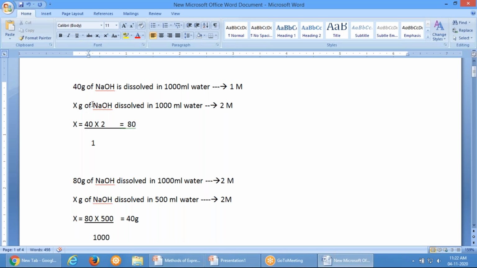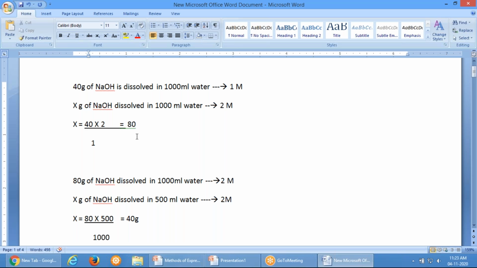The equivalent weight of sodium hydroxide is also 40 grams, because equivalent weight means molecular weight divided by number of replaceable hydrogen or hydroxyl ions. Sodium hydroxide has one replaceable hydroxide ion, so 40 divided by 1 is 40. So molecular weight and equivalent weight will be the same.